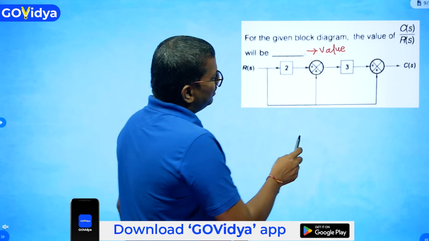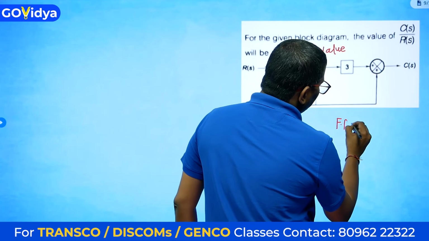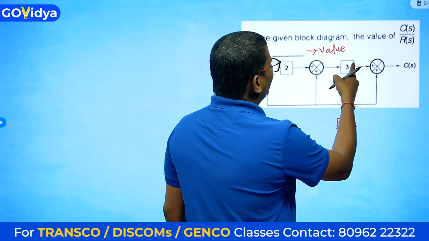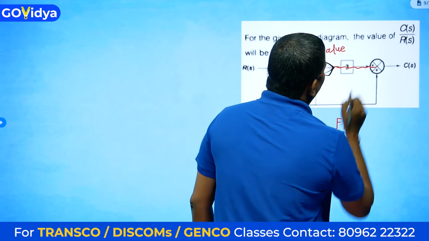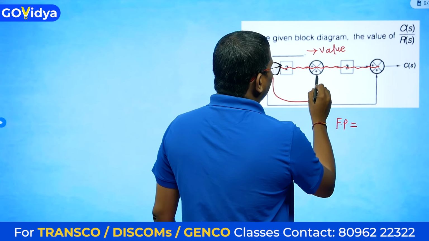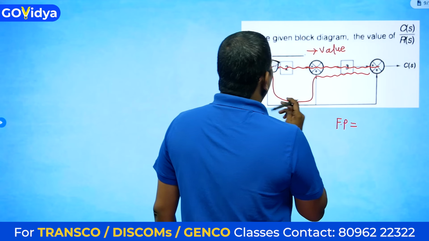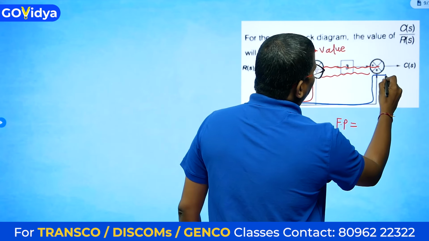You just check from here. The number of forward paths is how many? This is one forward path. Where is another forward path? This is another forward path. Where is another forward path? This is another forward path.